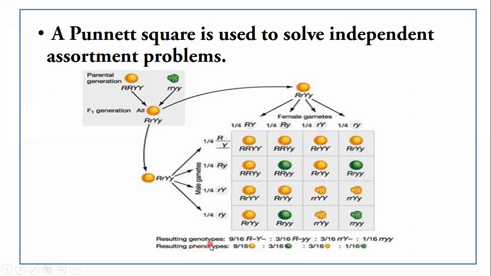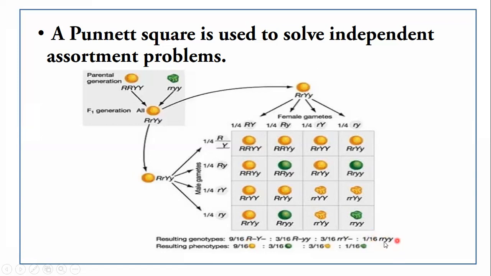So what are the phenotypes in the F2 generation? Mendel observed 9 out of 16 offspring in the F2 generation with the round yellow phenotype, 3 out of 16 offspring with the round green phenotype, 3 out of 16 with the wrinkled yellow phenotype, and 1 out of 16 offspring with the wrinkled green phenotype. So you can see here that the dominant phenotype was shown by the maximum number of offspring, that is 9 out of 16 show the round yellow phenotype, and round yellow is the dominant phenotype.